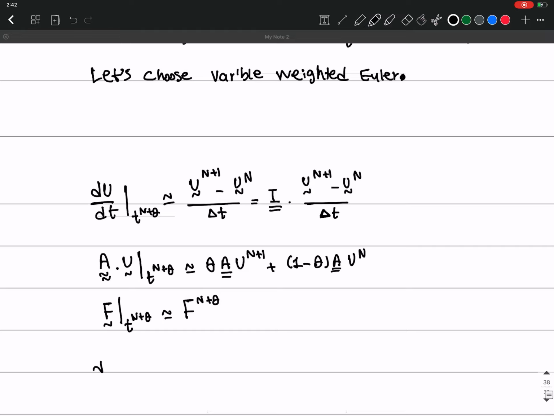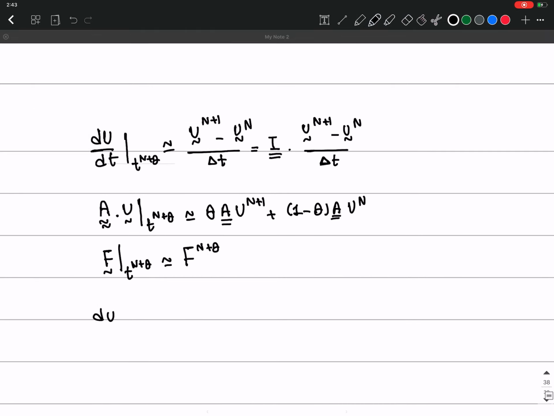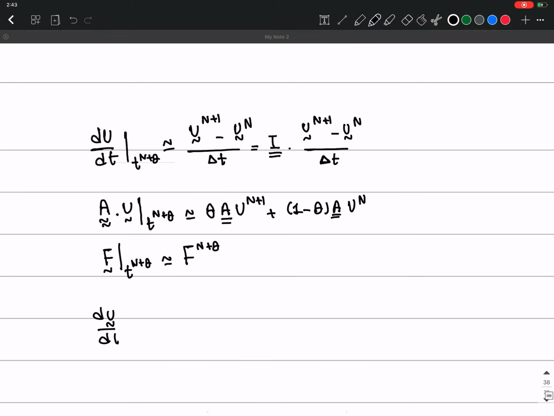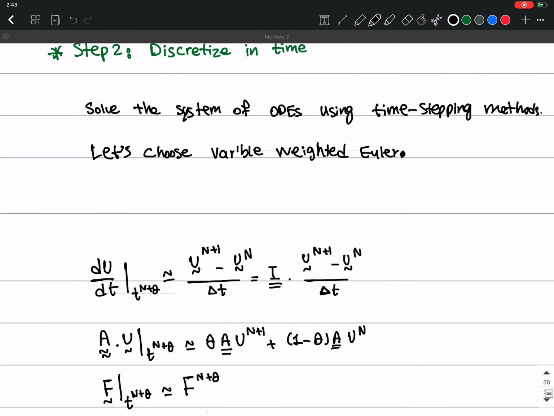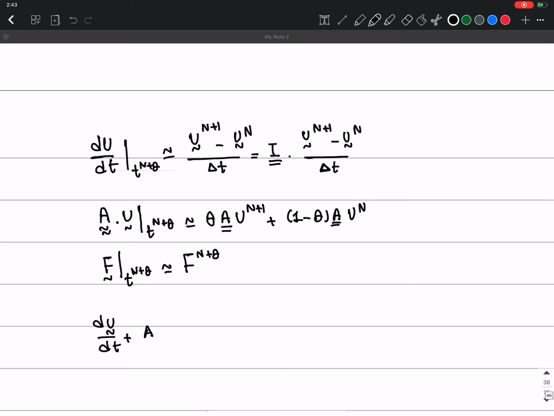We had du over dt plus A u equals to f, right?